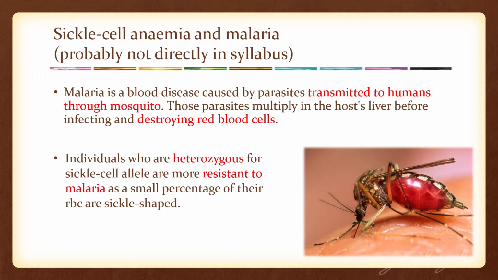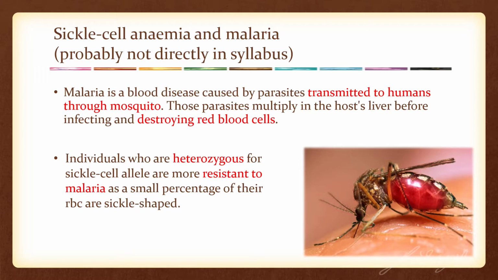Because as mentioned, sickle cells are fragile, which is why it's not 50% biconcave and 50% sickle shaped. Instead, the sickle-shaped red blood cells are smaller in percentage. And those sickle-shaped red blood cells are more resistant to malaria. While for homozygous recessive individuals, all their red blood cells are sickle shaped and they don't survive that well.